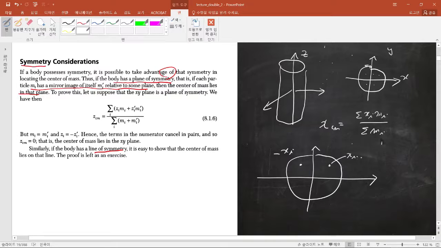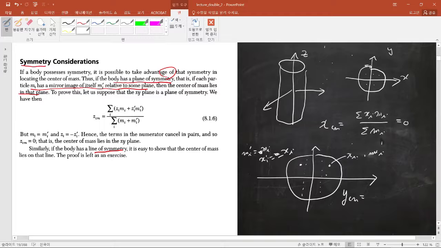So if the mass contribution is mi, here mi prime is precisely the same mi, but xi prime is equal to minus xi. So each xi is cancelled. Whenever you calculate it, you always have this contribution. So this is also going to be 0. And the y center of mass by the same token should be 0.